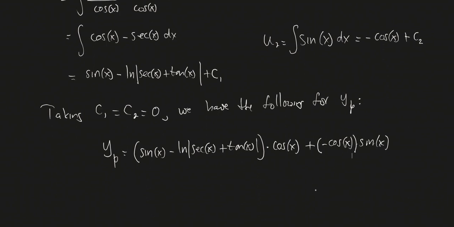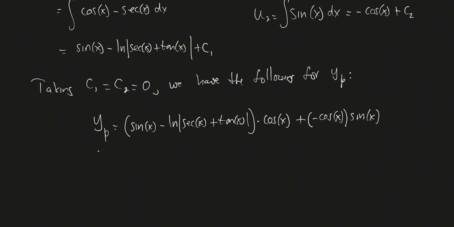There we go. Sometimes the y sub p can be simplified quite a bit. Let's see what happens. If I distribute the cosine, I'll have the sine of x times the cosine of x minus, I'll put the cosine in front of the ln.